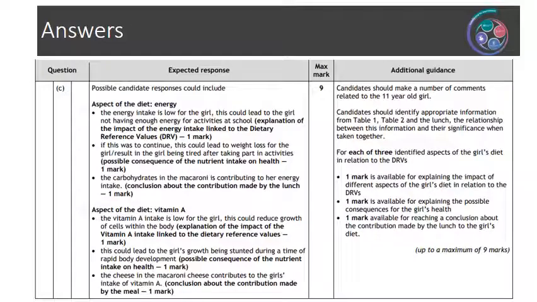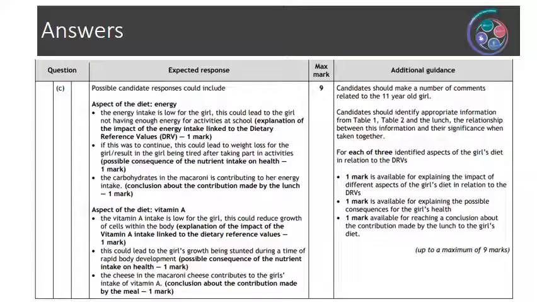Answers to question 1c. Candidates should make a number of comments related to the 11-year-old girl. Candidates should identify appropriate information from Table 1, Table 2, and the lunch, and the relationship between the information and their significance when taken together.